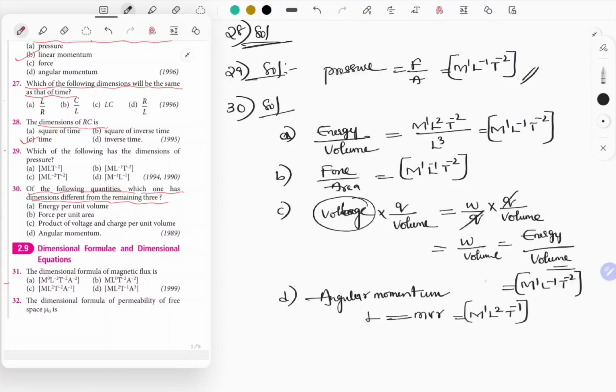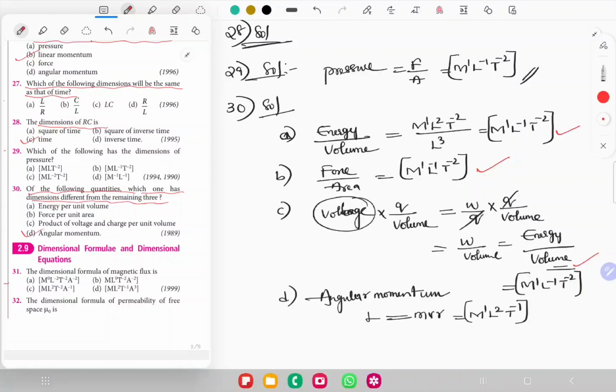Of the following quantities, which one has dimensions different from the remaining three? First option, energy per unit volume dimensional formula, it is m power 1 L power minus 1 T power minus 2. Force per unit area and voltage into charge by volume, both are same. So only option which is different is angular momentum. So option D is correct.